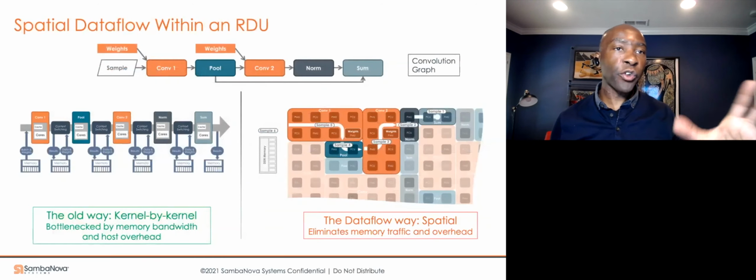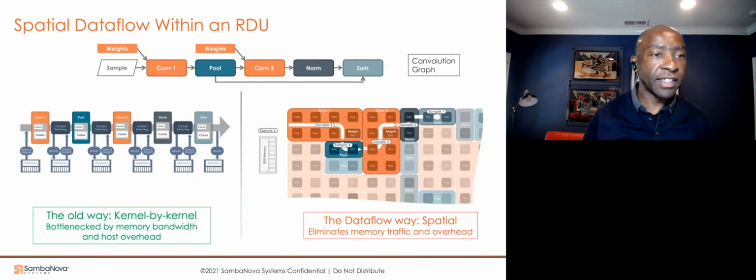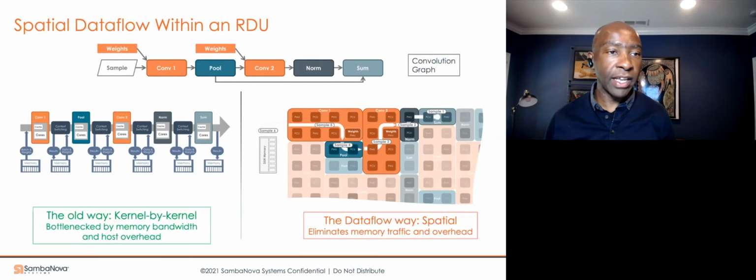And so to contrast this with how things are done today on GPUs, right? GPUs can only run one kernel at a time. And so what happens is that if you're running the data flow graph shown here at the top, first you would do the first convolution.